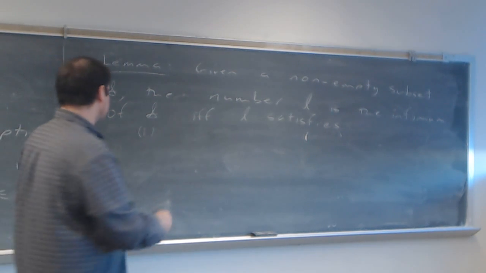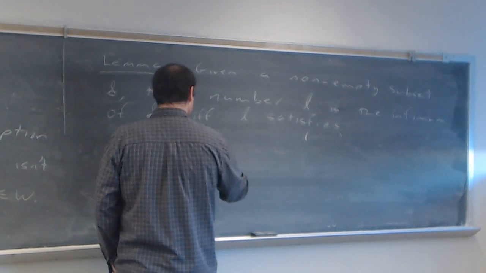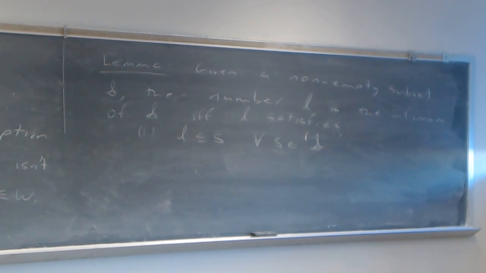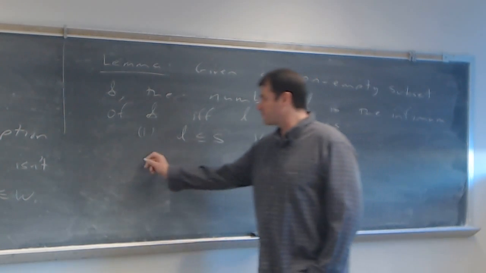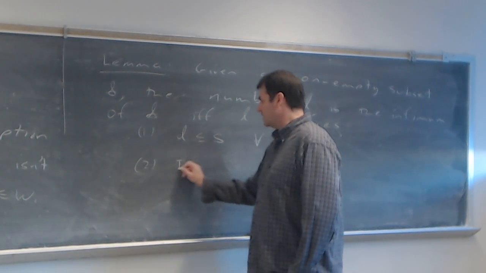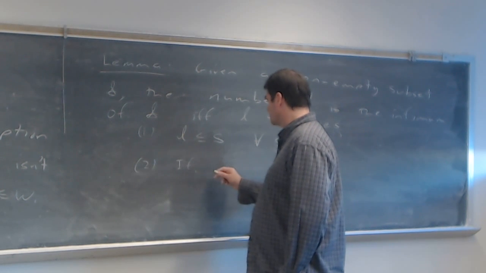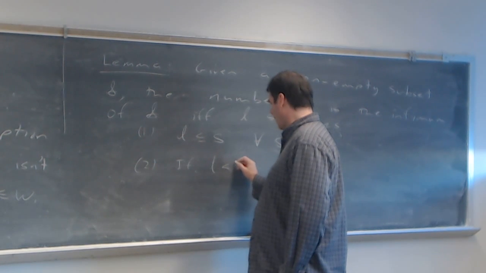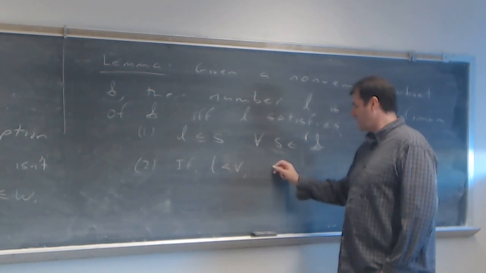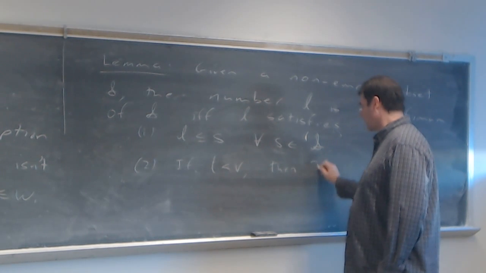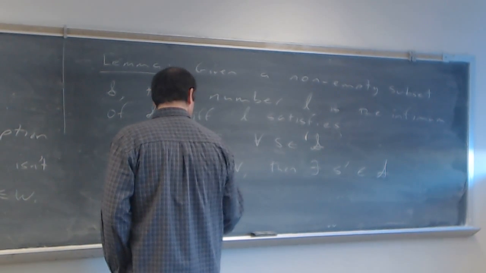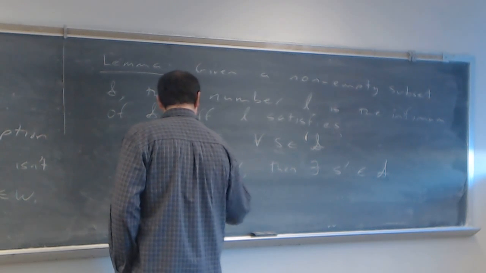The analogous number one is that L is less than or equal to S for all S elements of script S. The analogous statement for number two is, if you give me some number V, so if L is less than V, then there exists an S prime, element of script S, such that S prime is less than V.